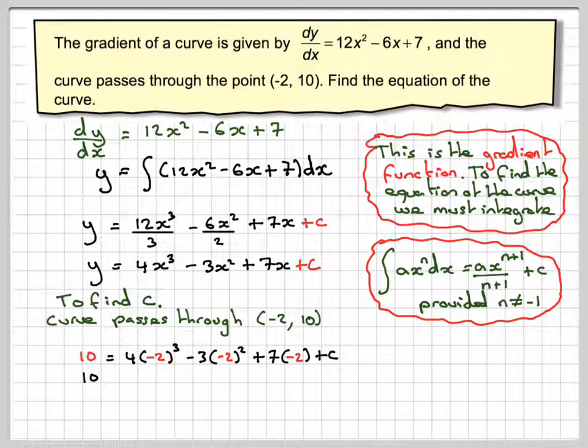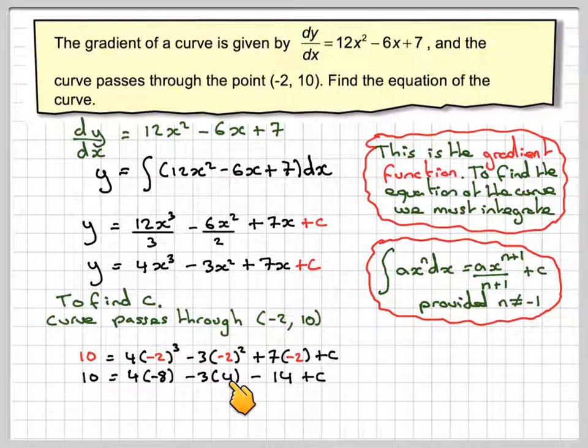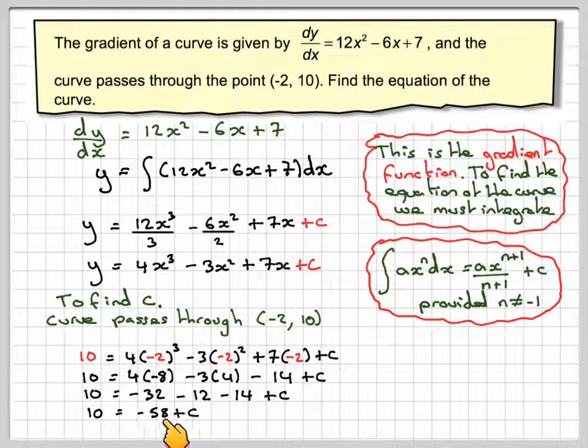So working that out, we're going to get 10, 4 times minus 2 cubed, which is minus 8, minus 3 times minus 2 squared, which is 4, 7 times minus 2 is minus 14, plus c. So we have 10, minus 32 from here, minus 12, minus 14, plus c, and that gives 10 is equal to minus 58 plus c, and therefore c will be equal to 68.